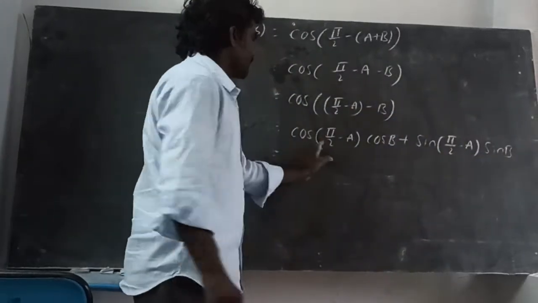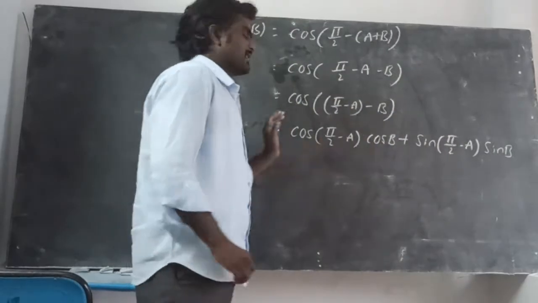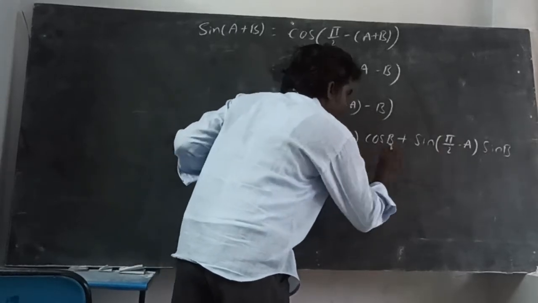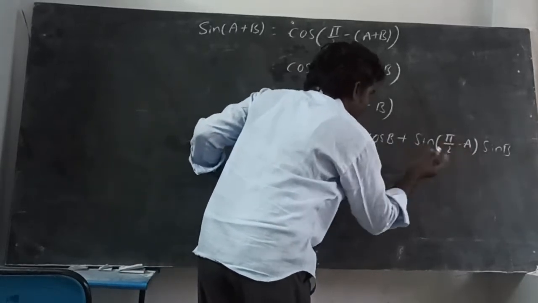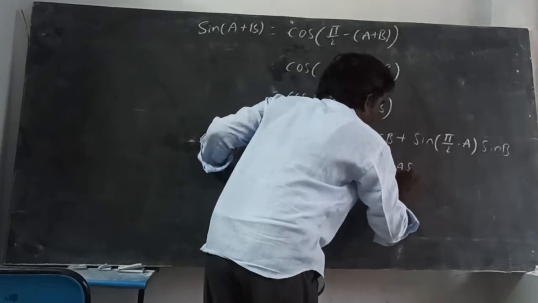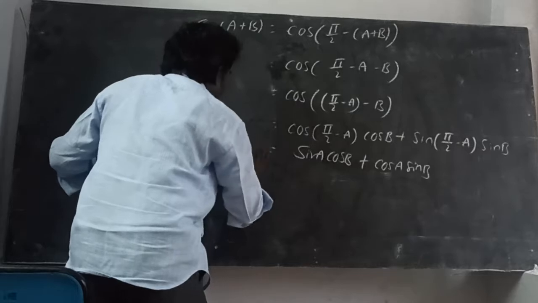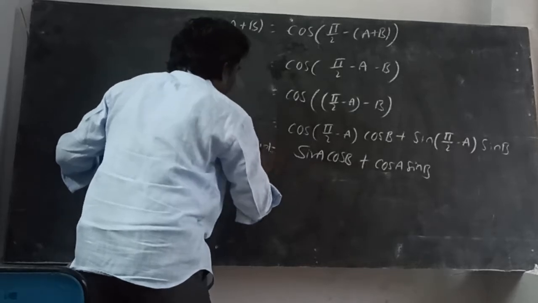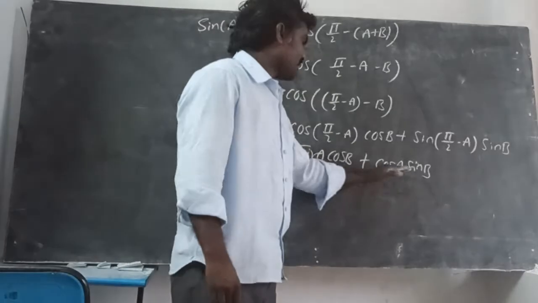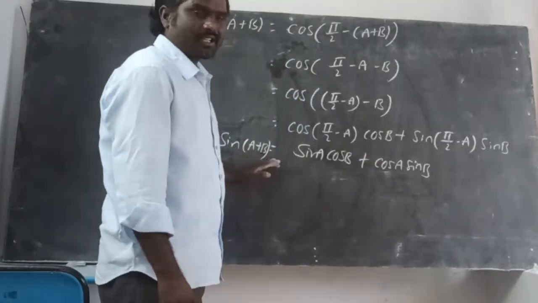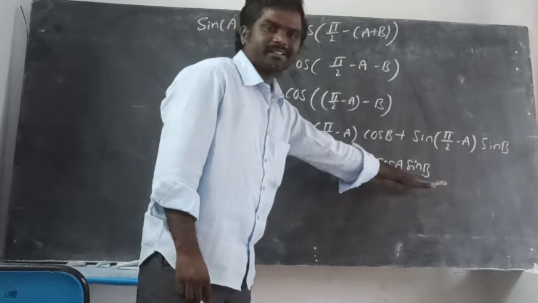So cos of 90 minus theta is sin theta, that is sin a cos b plus sin of 90 minus theta, cos a sin b. So the formula of sin of a plus b is equal to sin a cos b plus cos a sin b.